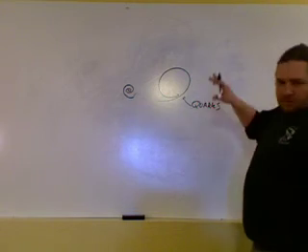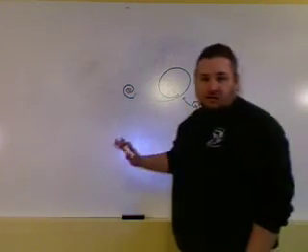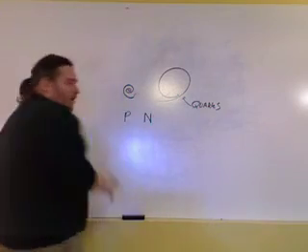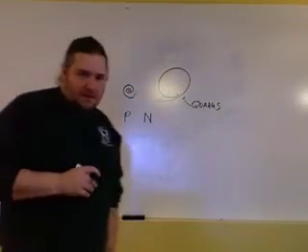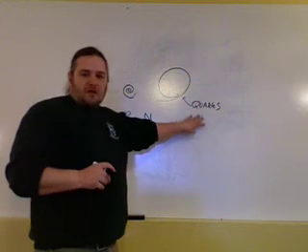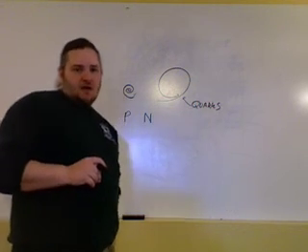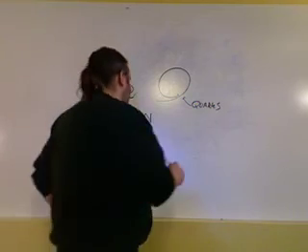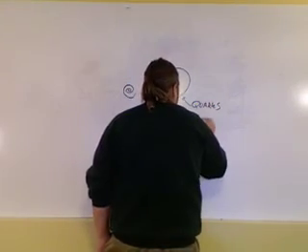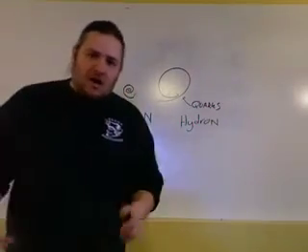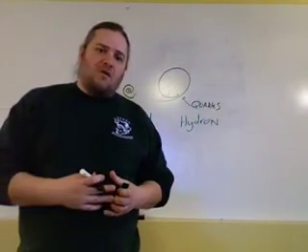So quarks, we believe, make up protons and neutrons and a whole series of other particles. And these particles that are composed of quarks are what's called hadrons. Hadrons are anything that's composed of quarks.